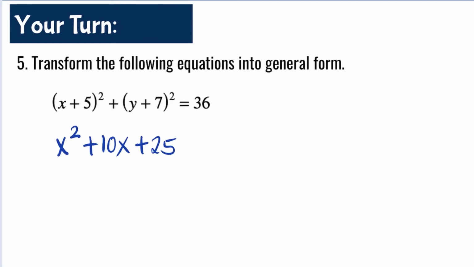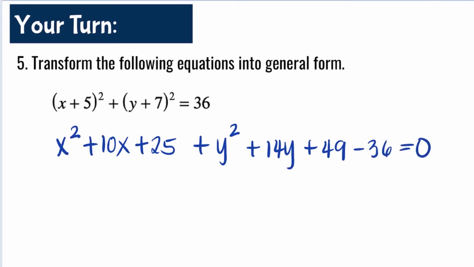Now let's square the second binomial y + 7. Square the first term, we have y². Multiply y and 7 and double, we have plus 14y. Square the second term 7, that is 49. And then transfer 36 over to the left, so we have minus 36 is equal to 0.